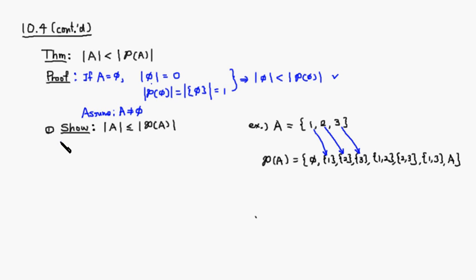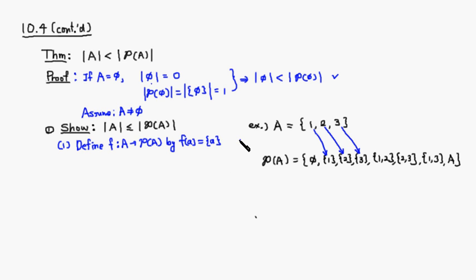All right, so the first thing we do is line number 1. We have to come up with the function. So we're going to define a function f from set A to its power set by taking any element and sending it to the set with that element in it, right?